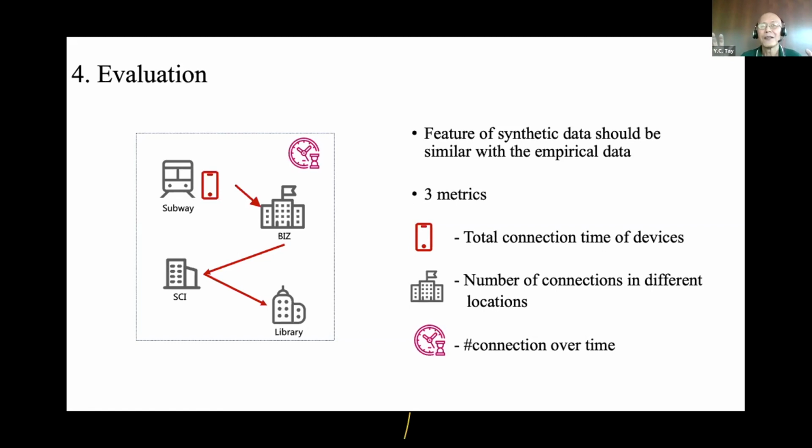So when a developer comes to you and says, give me some synthetic data that is similar to the empirical data, we rely on the developer to tell us what features they want. Then we make sure that we capture those features and reproduce them in the synthetic data. I think it would be intractable to try to capture all features.